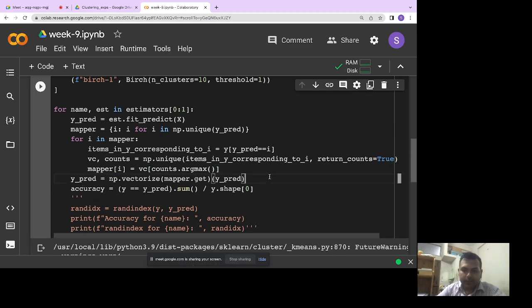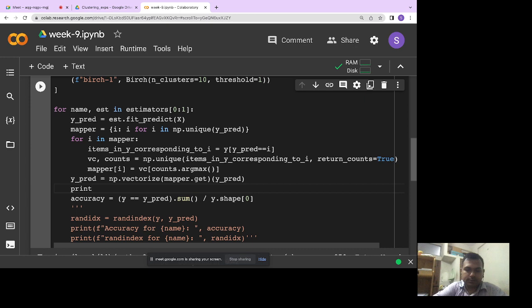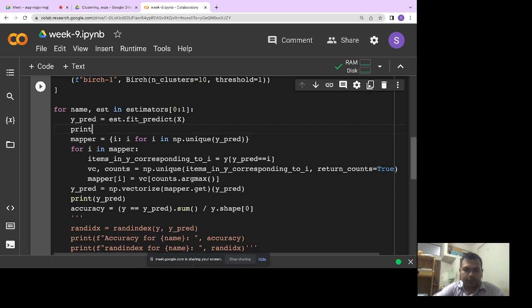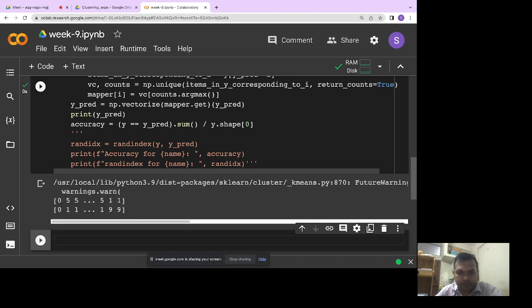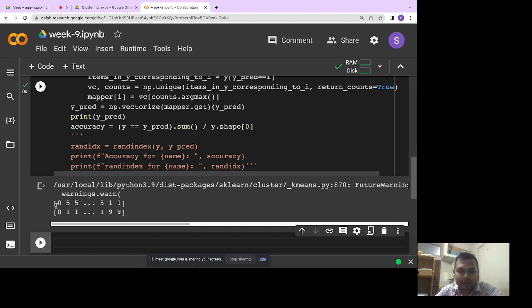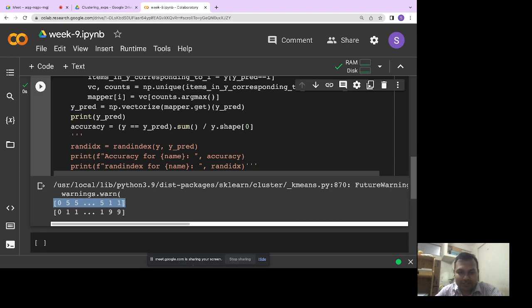Now let's look at the prediction before, and the prediction now. It's exactly the same thing, it's just that the indices have been changed. Wherever 5 was there, they have been replaced by 1, and 1 has been replaced by 9.